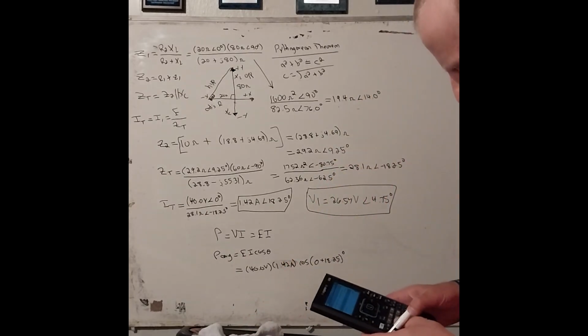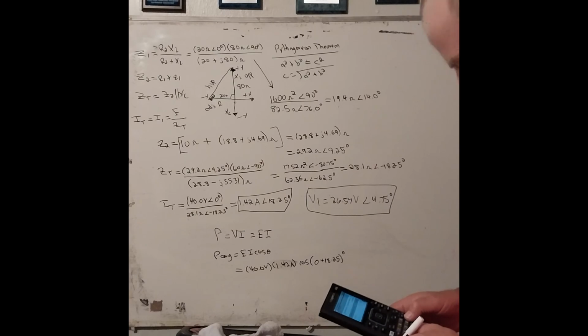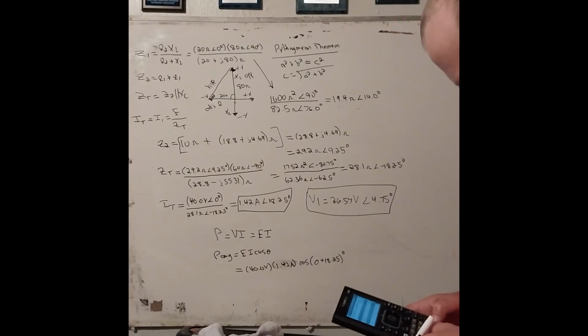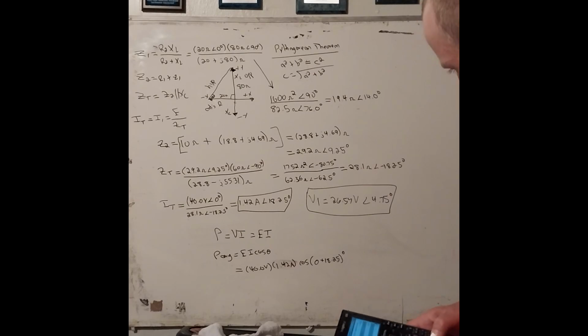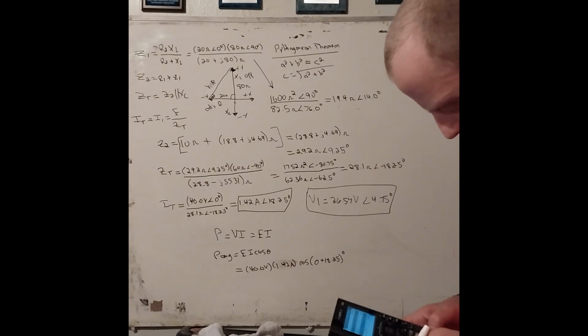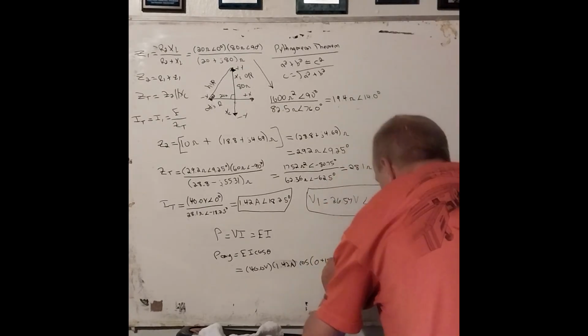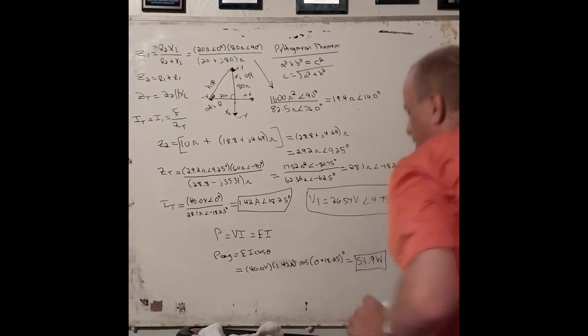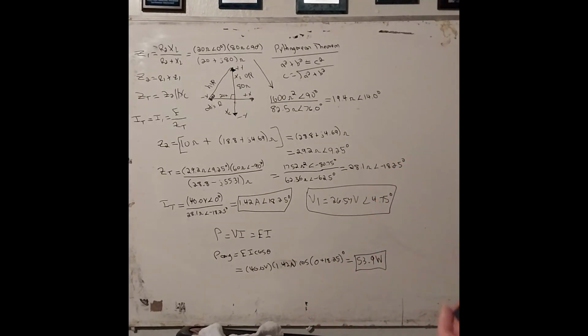And so our power, 40 times 1.42 is 56.8 times the cosine of 18.25, is 53.9 watts. That's how much power is being drawn from the whole circuit.